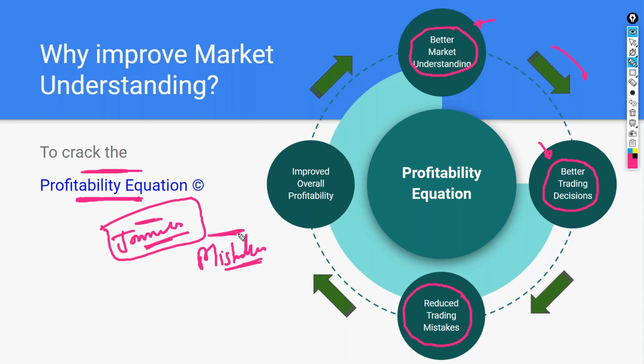But then the trade does not work, and when you look at it in hindsight, you realize, oh, this is one factor that I overlooked, or this indicator was not giving me a signal, or there was a conflict, or there was news and whatever. It ends up being a mistake, because if only you had considered all the information points, you would not have taken that trade, and you could have saved yourself some losses.